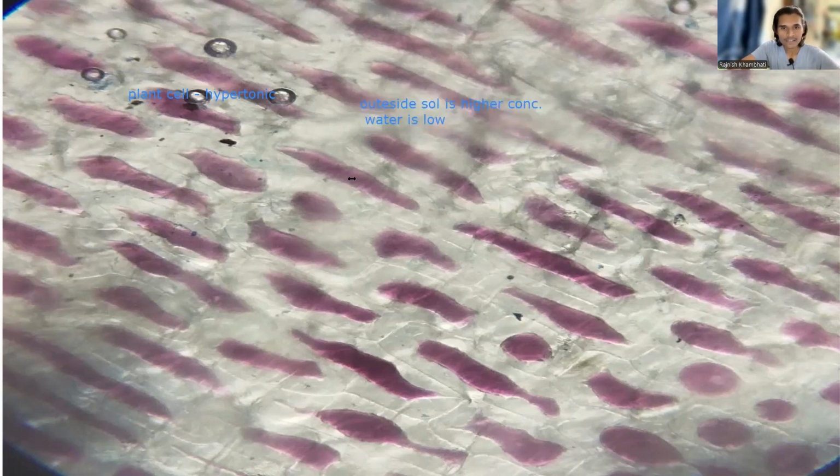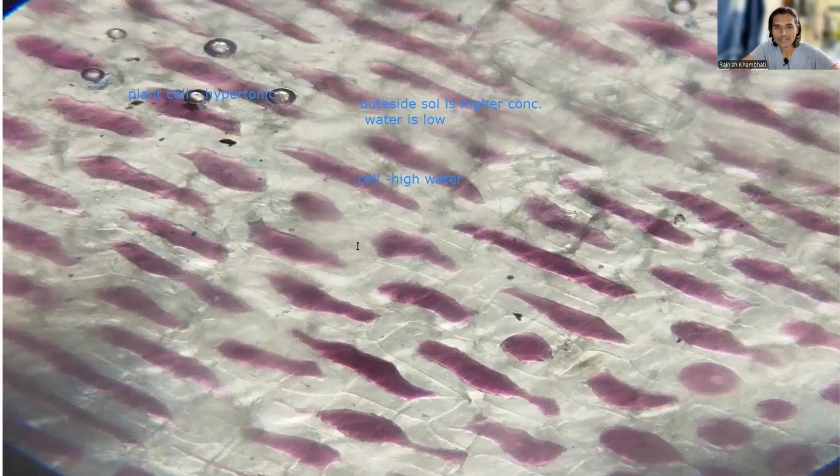And the cell cytoplasm has high water. So basically what is going to happen? Inside the cell, water is high, and outside the cell, low. So water will move from inside to outside.